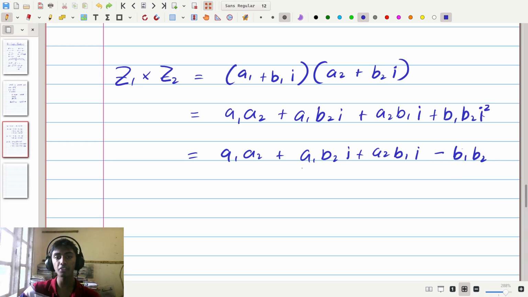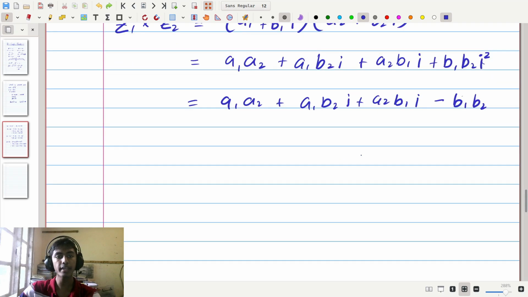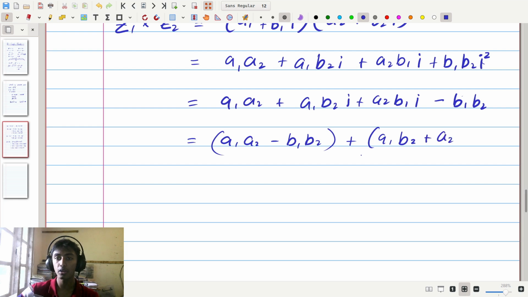The other two parts, a1 b2 i and a2 b1 i, are both imaginary since they are multiplied by the imaginary unit i. If we group them, we can see we get a1 a2 minus b1 b2 as the real part, and as the imaginary part we get plus a1 times b2 plus a2 times b1 times i.